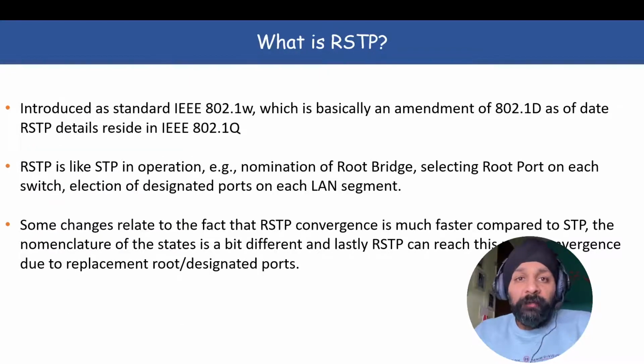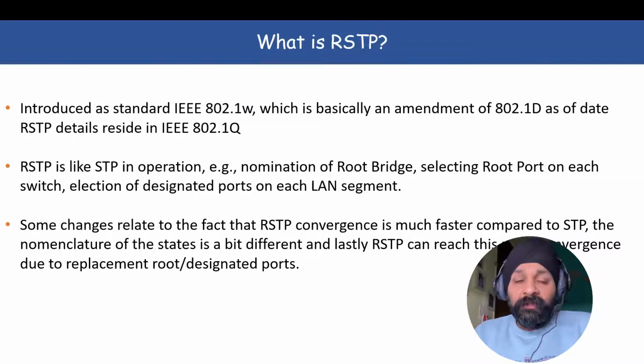So RSTP is very similar to STP. In RSTP also, we elect the root bridge, we elect the root ports, we elect the designated ports, and all that is the same. Everything else remains the same. But what RSTP introduces is an alternate port and a backup designated port.